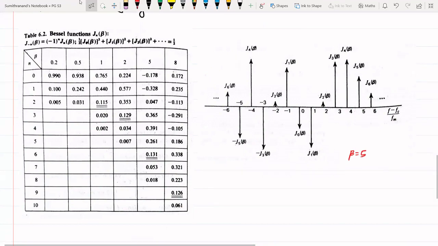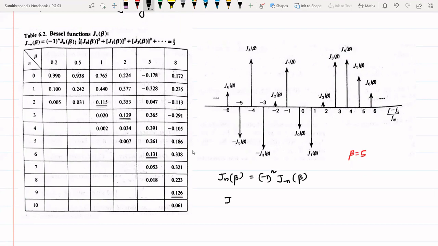Before discussing that spectrum, let us recollect an important property of the Bessel function, that is Jn beta is equal to -1 the whole raised to n times J minus n beta. This is the relation between the Bessel function of order n and the Bessel function of order minus n.